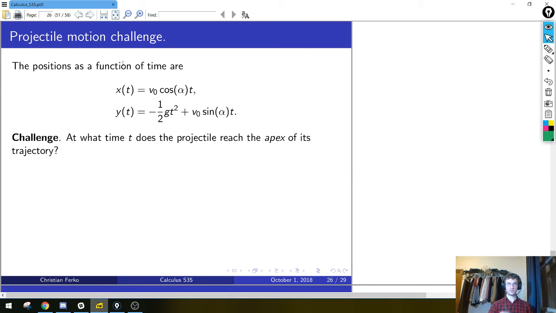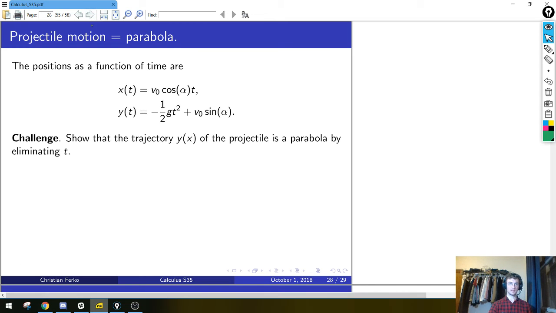Can you substitute x for t? Yeah, exactly. So do that. How would I substitute x for t, which is to say solve this equation for t and plug it in here? First, what's this? If I solve this for t, what do I get?